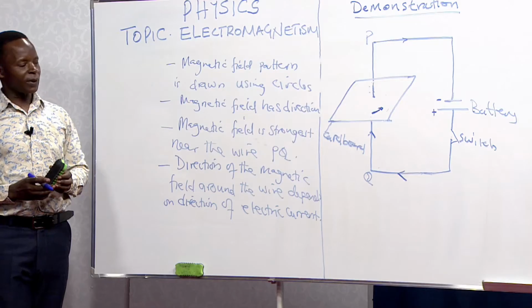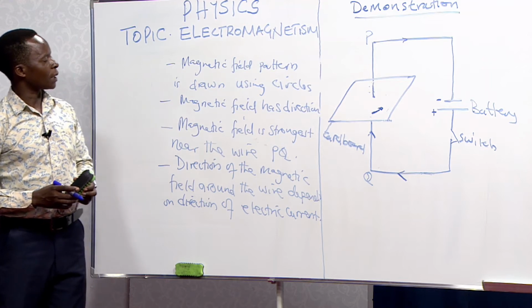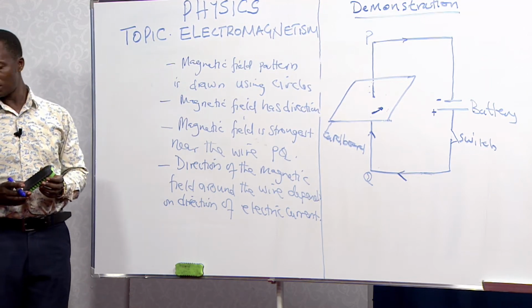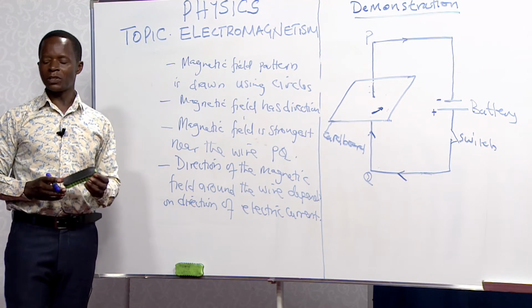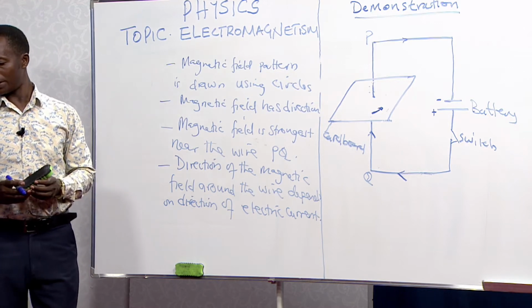So briefly, that's what we can say about the magnetic field around a conductor which is carrying electric current.